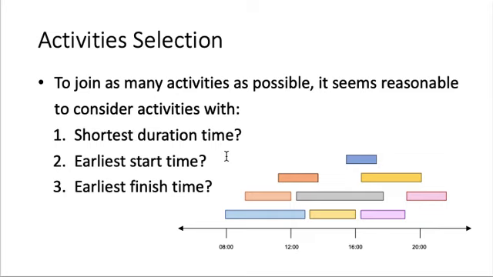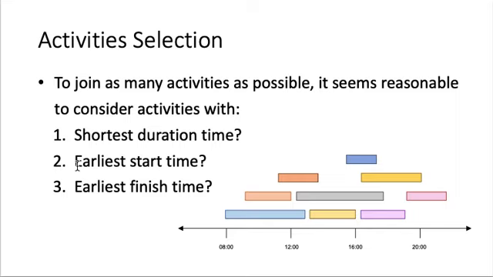If you pick an activity with the shortest duration time, that means that it only occupies a very short period of time. So we will still have a lot of time remaining so that we can pick more activities. So this idea seems like we are trying to get the maximum number of activities.